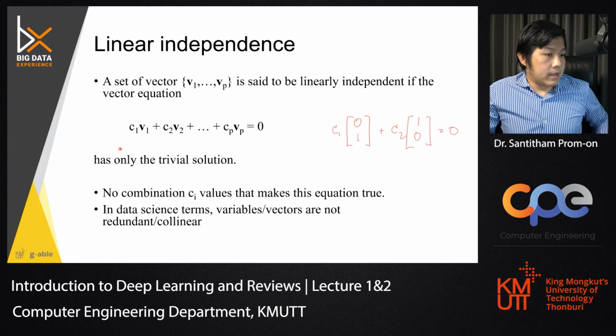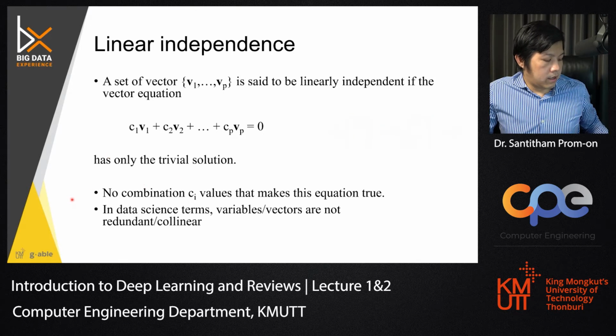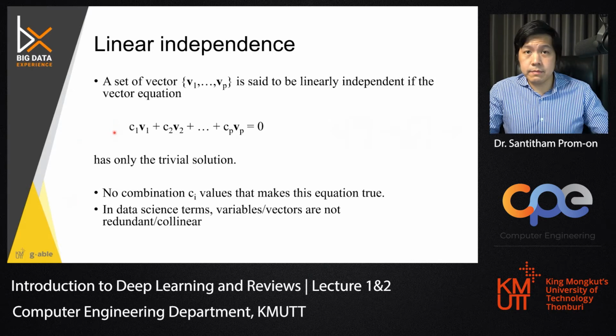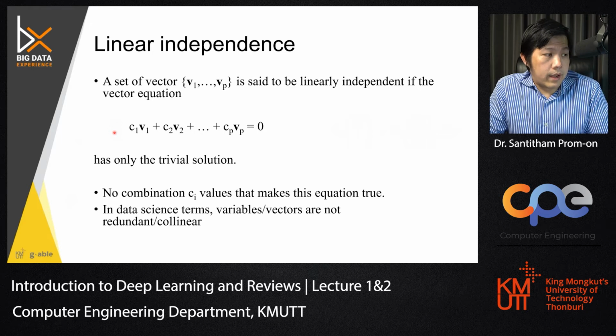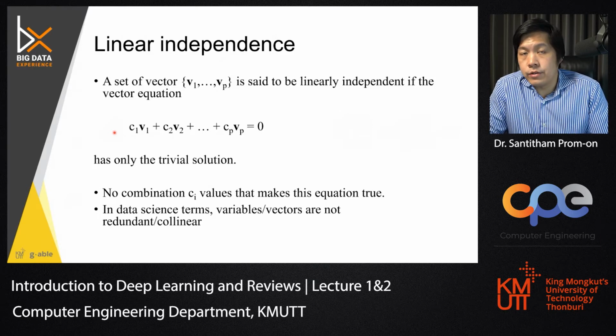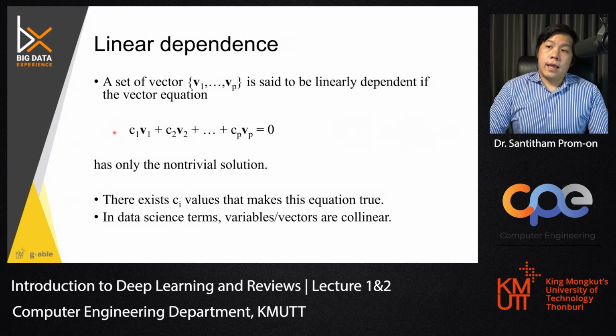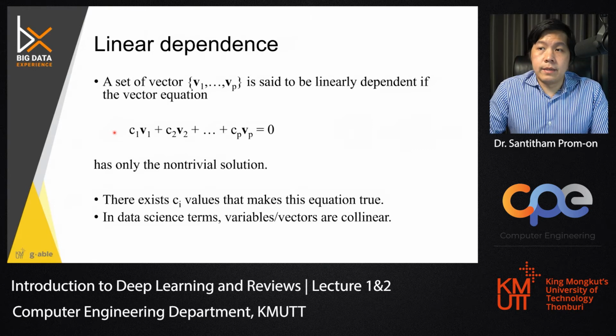In many data science applications, we want to determine this, because if you find a solution here, it means that the vectors may be collinear or redundant. You might not need them in your model. That's the case for linear dependence.